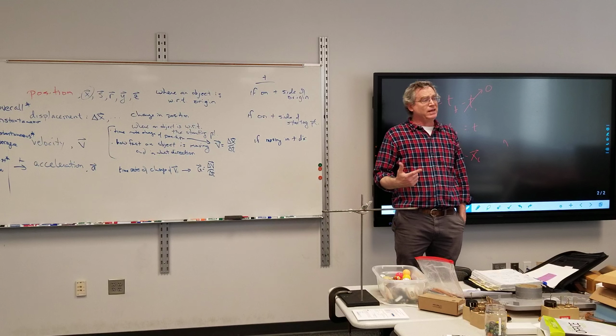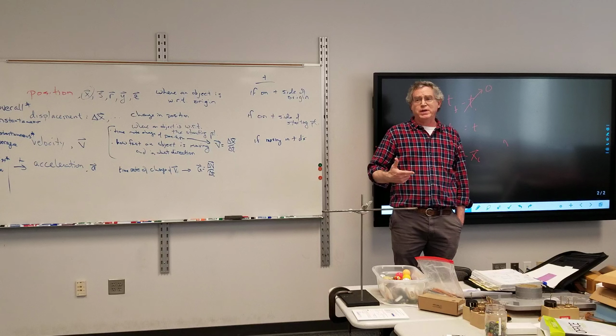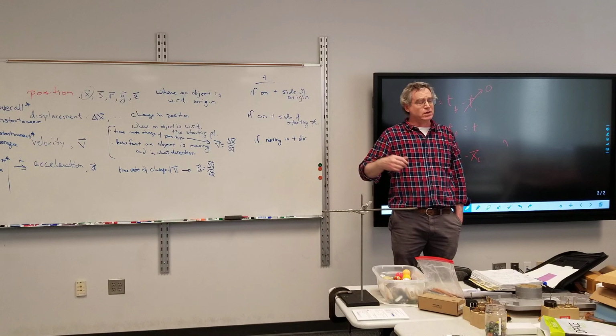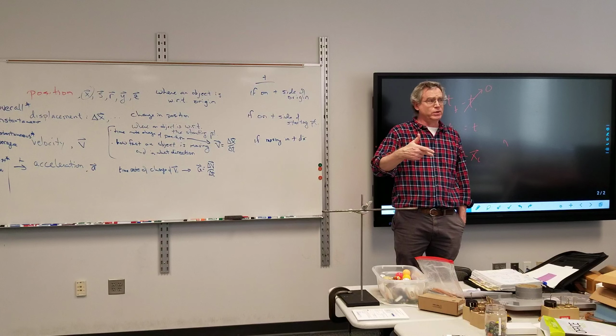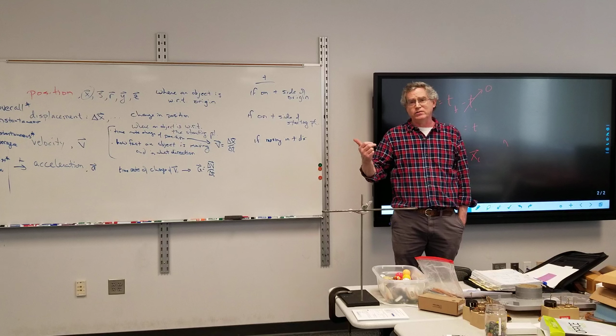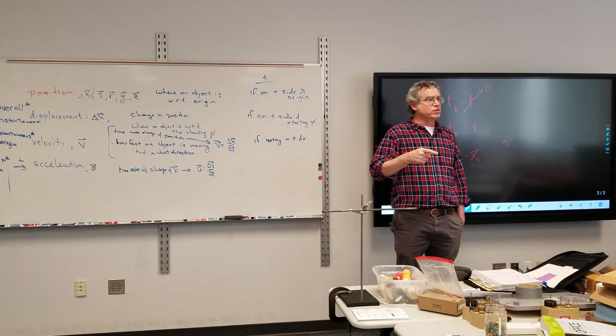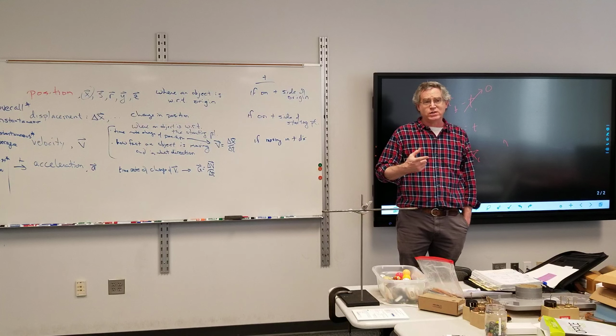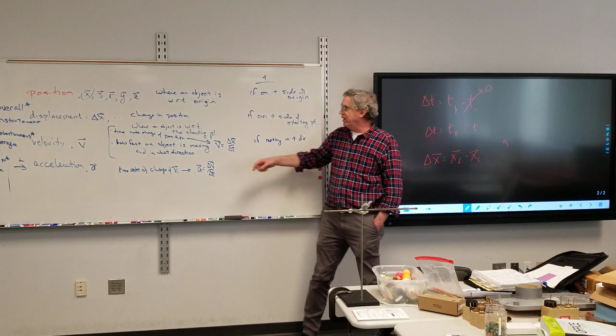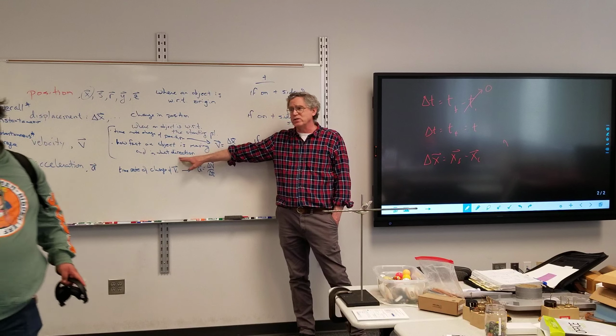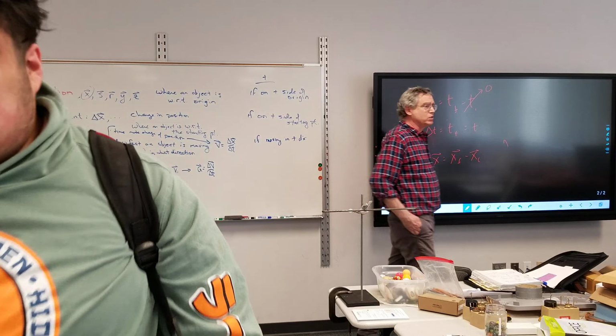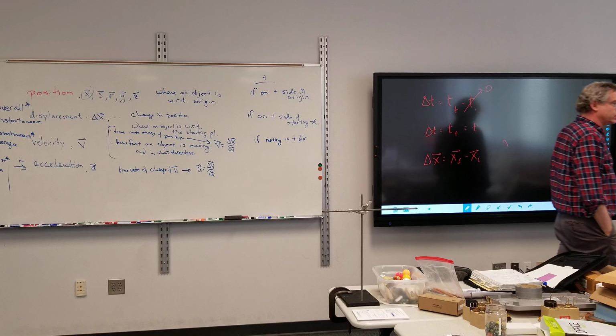Because if I hit the gas pedal, I'm going to speed up, my speed changes, therefore the velocity changes. If I hit the brake, I'm going to slow down, my speed changes, therefore velocity changes. If I change directions with the steering wheel, my velocity changes, because velocity deals with the direction also. If my direction changes, my velocity changes, there is acceleration.